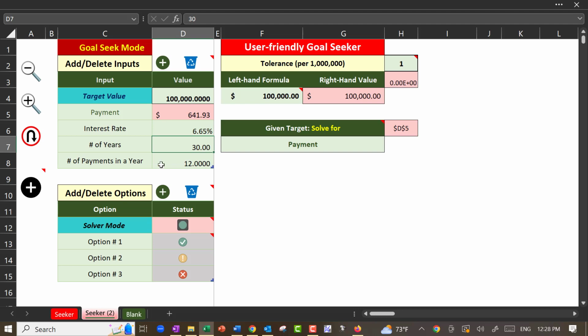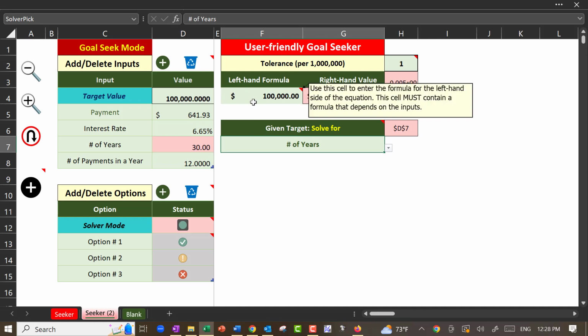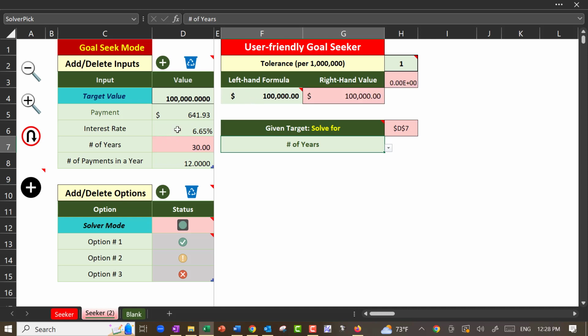Obviously nothing changed here because it was already balanced. But now I'm going to change my payment to what I can afford. It turns out if I can afford only $500, it didn't even solve for it. As you can see, that difference is not zero.